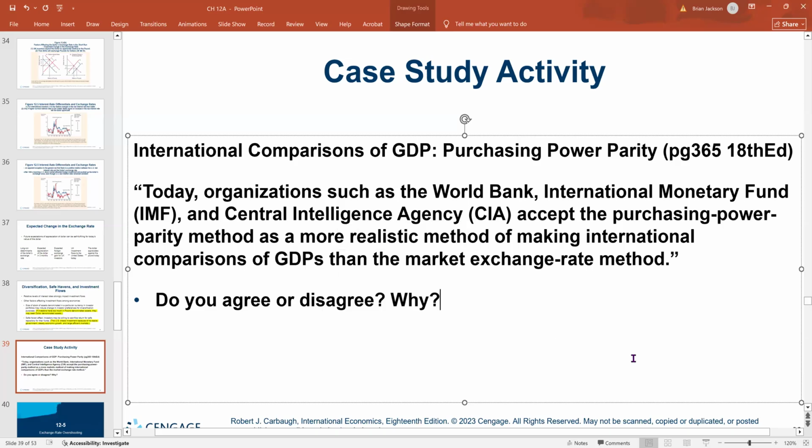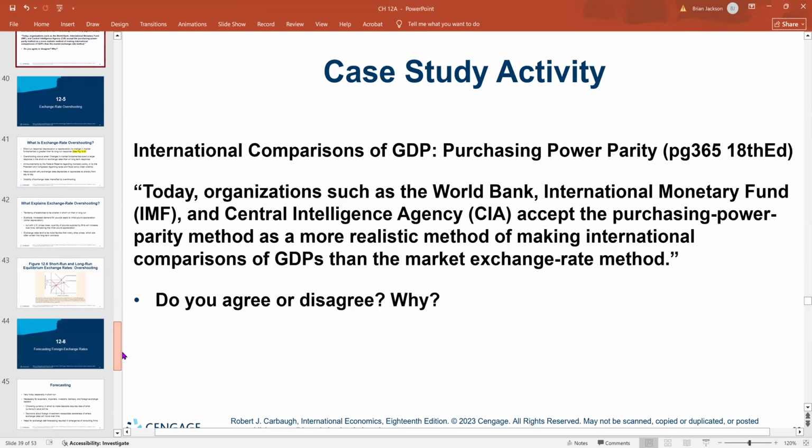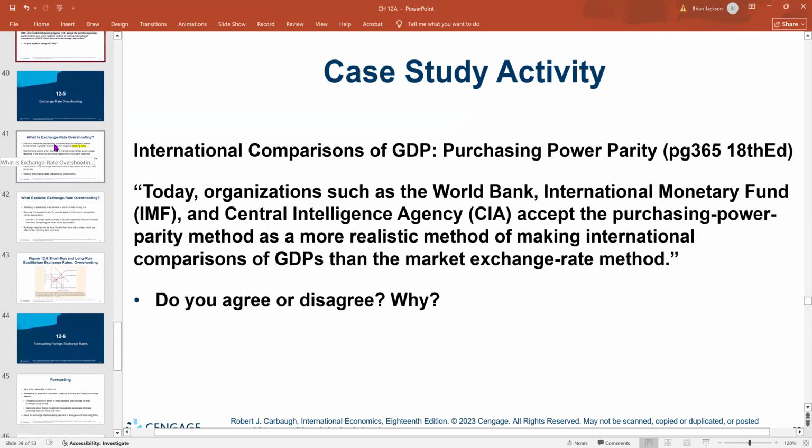It's not perfect, but purchasing power parity seems to be the best explanation for making GDP comparisons across countries. I'll just have you read that. I think if you read that paragraph in your text, you should be fine.